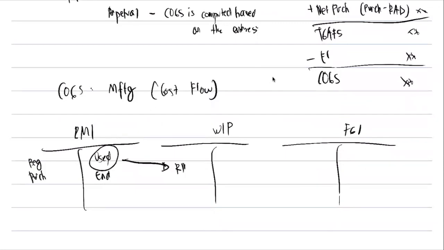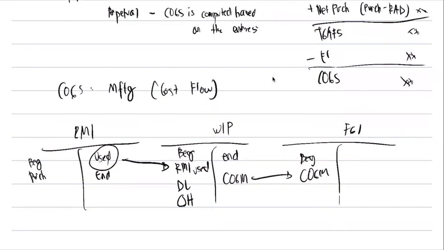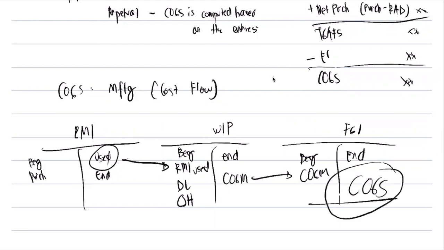This is your RMI use. Okay, so beginning work in process, you add direct labor, you add overhead, less ending work in process, we have your cost of goods manufactured. So this cost of goods manufactured will enter your FGI together with your beginning, less ending, we have your cost of goods sold. Okay, so please do not forget this particular cost flow in case we are to compute for your cost of goods sold.